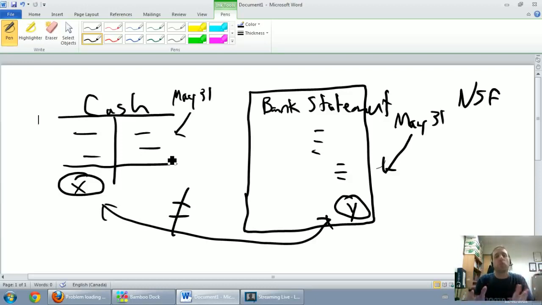This external document, the bank statement that comes from a trustworthy source, is a great way to be sure about our cash balance, to be sure that we've got it right, and that we're not missing something. So every company does monthly bank reconciliations, and if they don't, they should. Every company I've ever worked with has, and it's something that you absolutely need to learn to do to be a good accountant, and something you should be learning in just about any introductory accounting class.